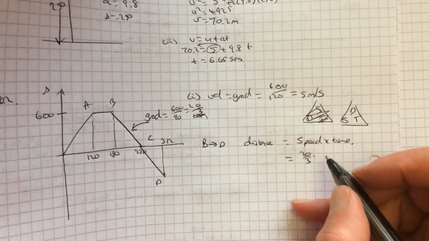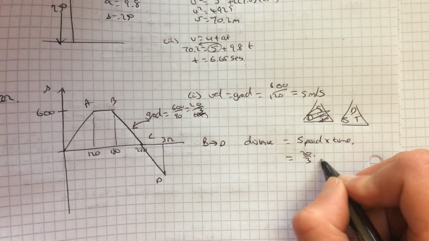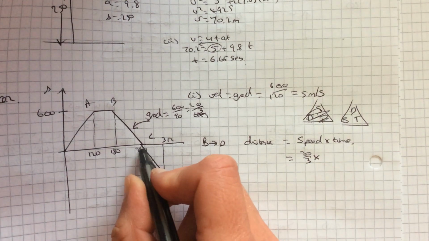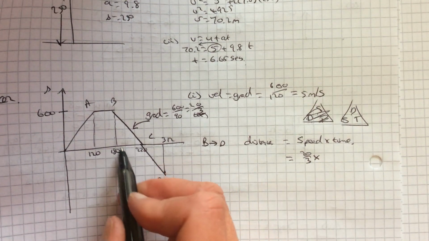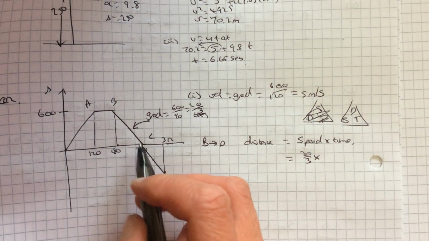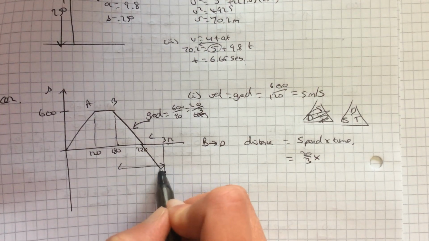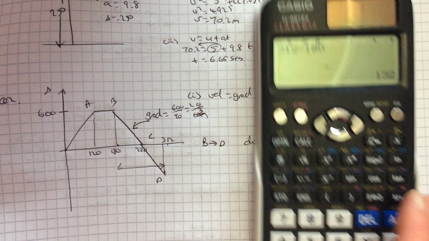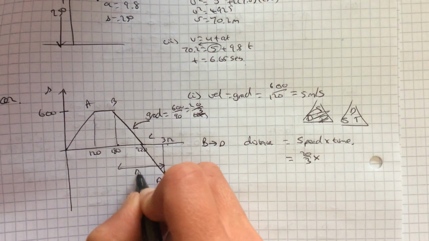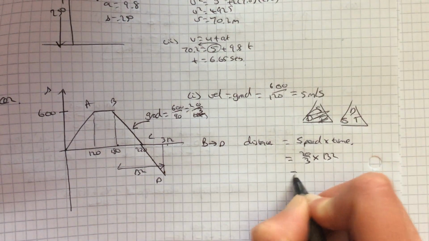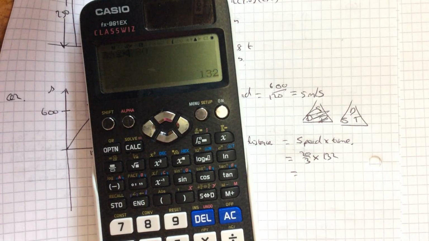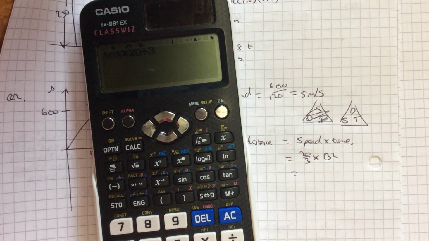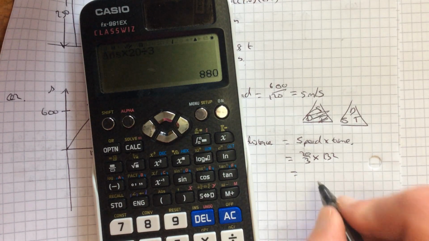So my speed is 20 over 3, and the time that it is taking from B the whole way to D, doing this whole section in here, 312 take away 120 is 192. So the distance that I have gone there is 880.